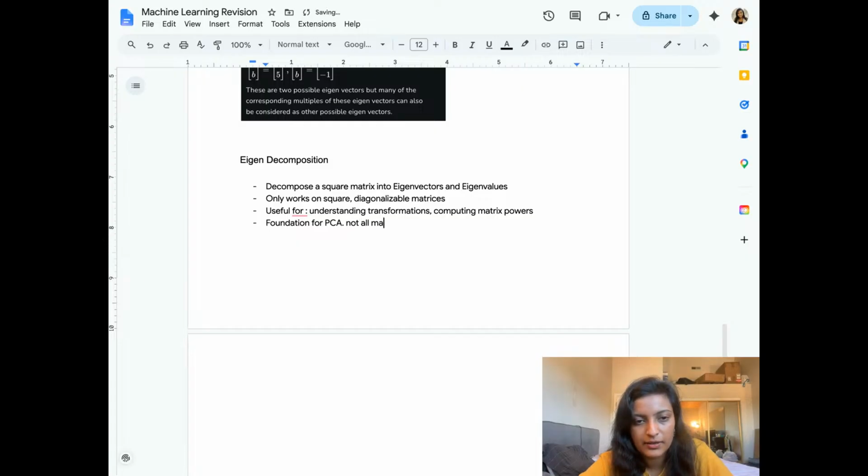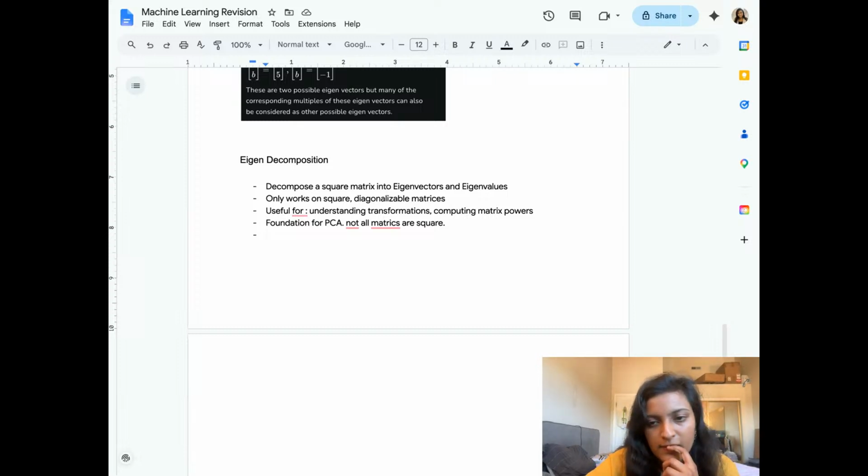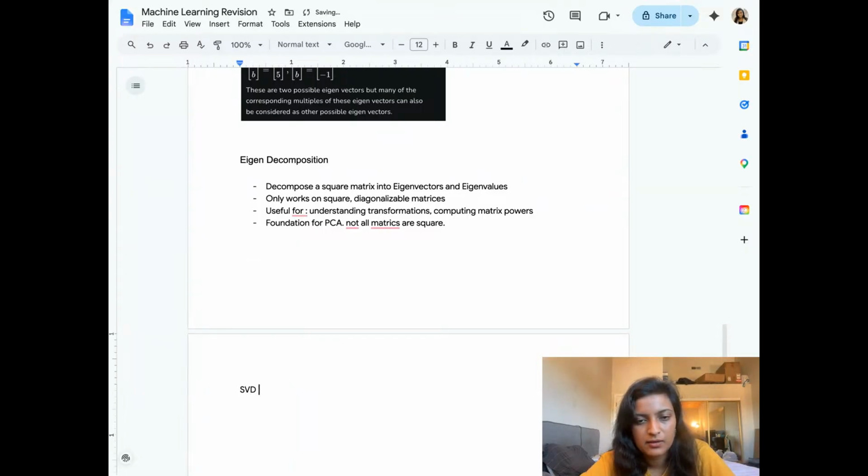Not all matrices are square. There is SVD, singular value decomposition.